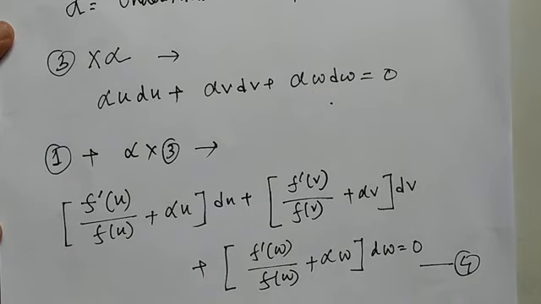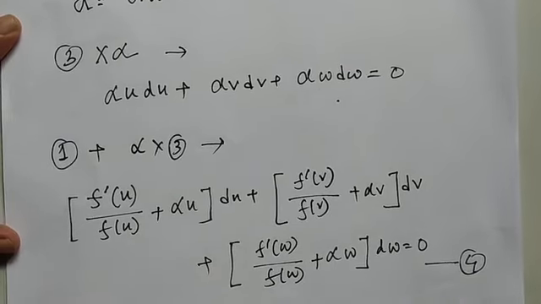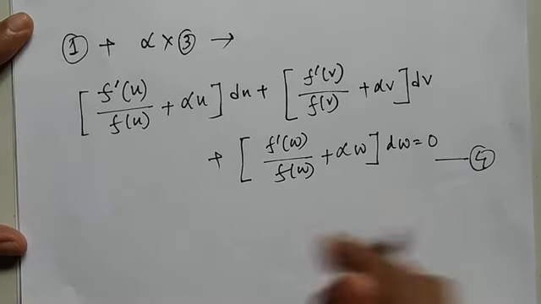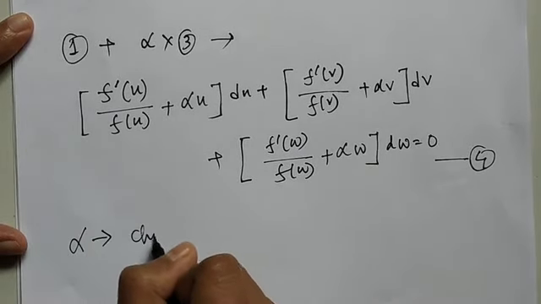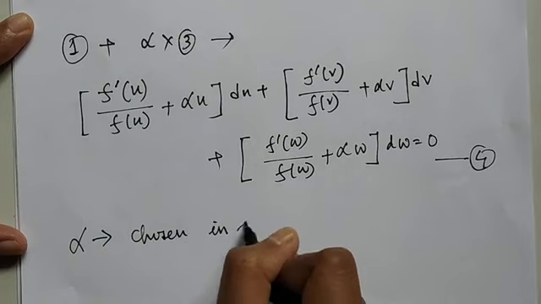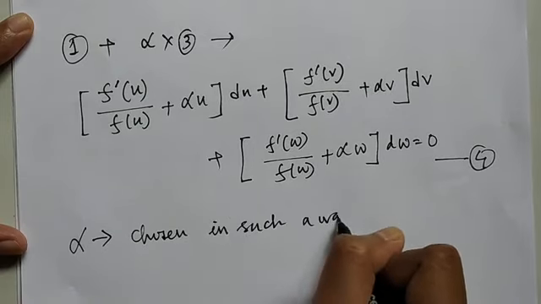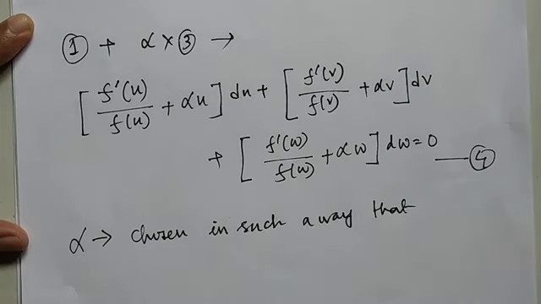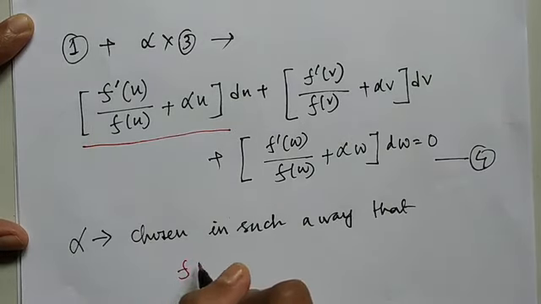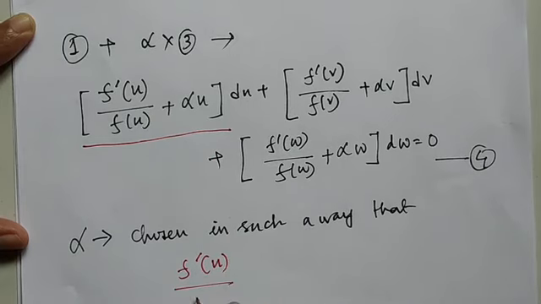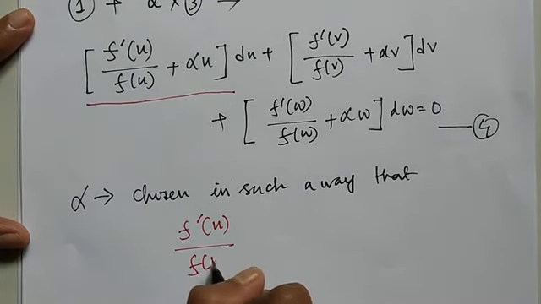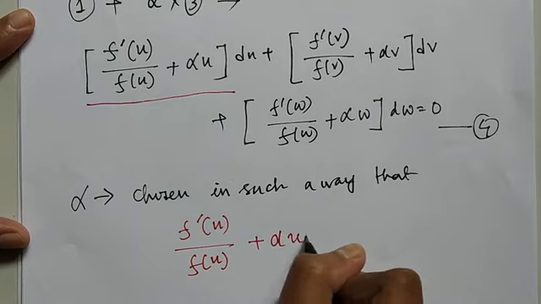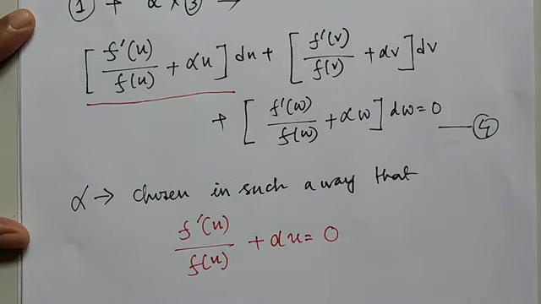Now suppose we have chosen alpha in such a way that the coefficient of du is 0. So the coefficient of du, which is f prime u by fu plus alpha u, equals 0.